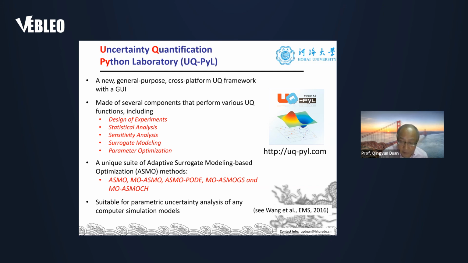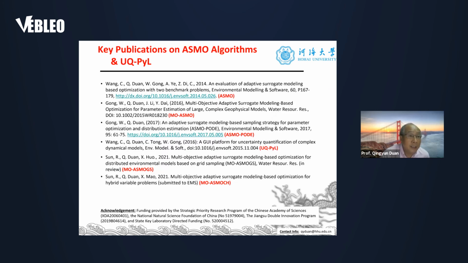And we have a reference paper in Environmental Modelling and Software. And finally, here is the list of publications related to the work we talked about today. Some of them are already published, and some are still in review.